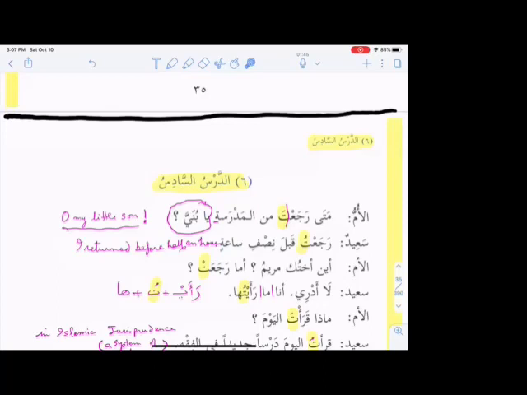I returned half an hour before. Al-ummu, aina ukhtuka, Maryamu. Ama raja'at, feminine, ta' ta'nith, she did not return.